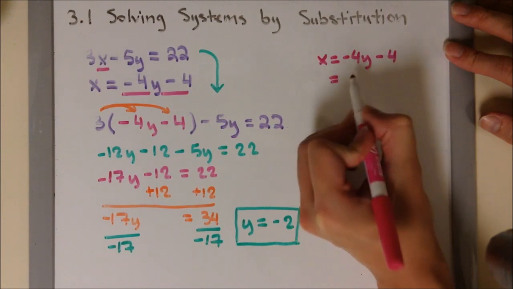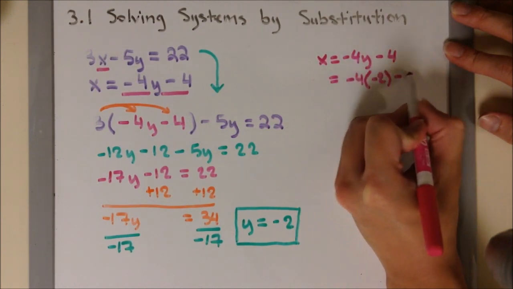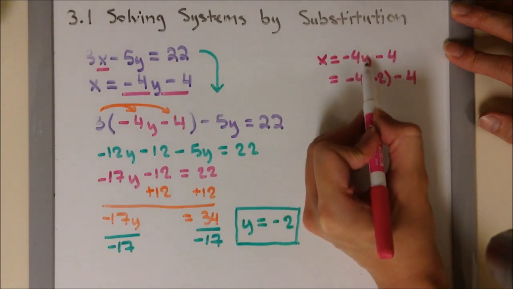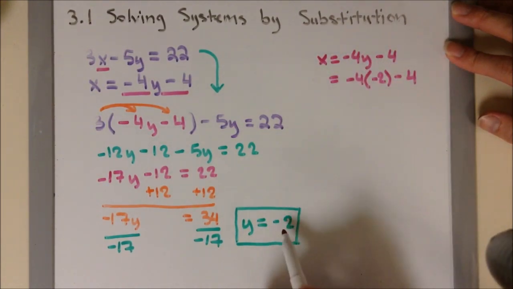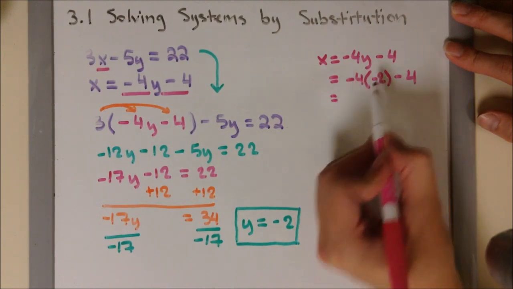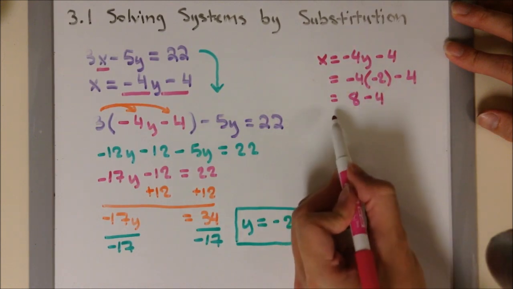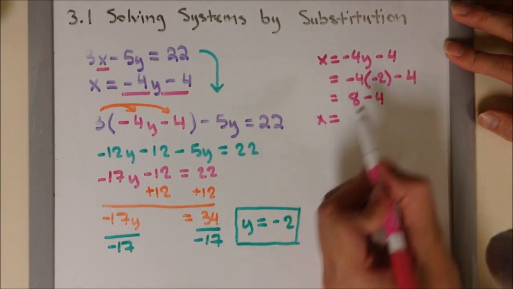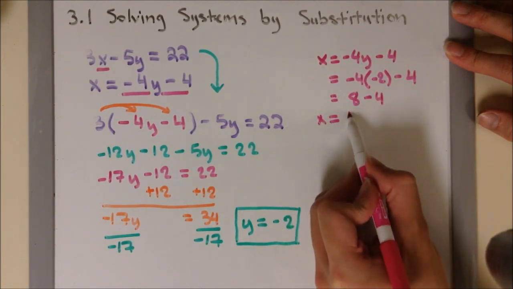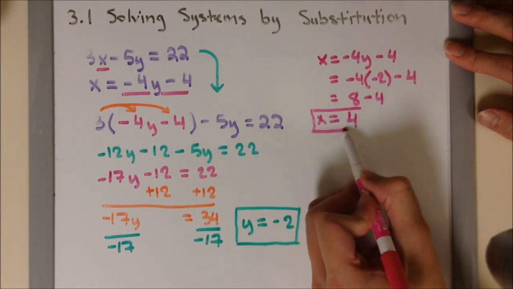So x will equal negative 4 times negative 2 minus 4. So again, I switch out the y with negative 2. So negative 4 times negative 2, that's going to be a positive 8. Bring down the minus 4. So x will equal 8 minus 4. That's simply a positive 4. So here's our second solution.